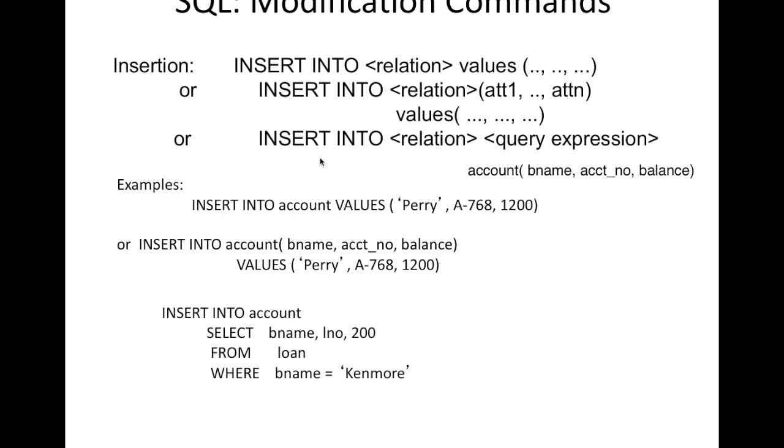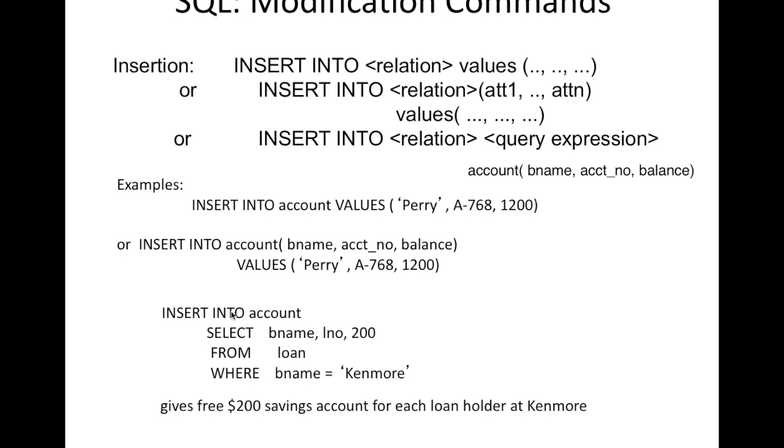Another way is to have insert into with the query expression. Again, we're having query inside a query. Insert into account, select bname, where bname equal to Kenmore. So it's going to go to the loan table, and for each loan whose bname is Kenmore, we're going to add for him a savings of 200.